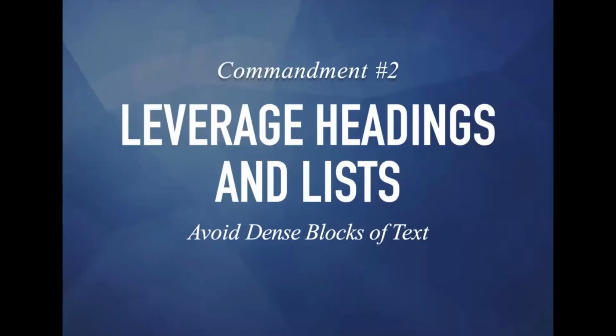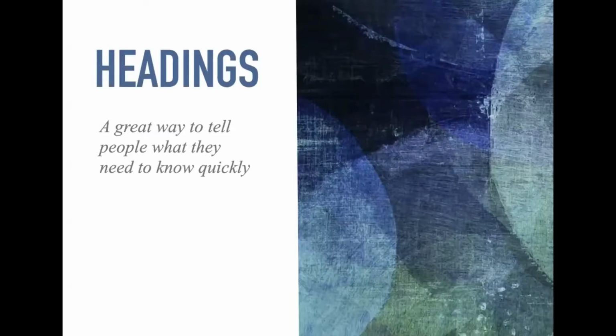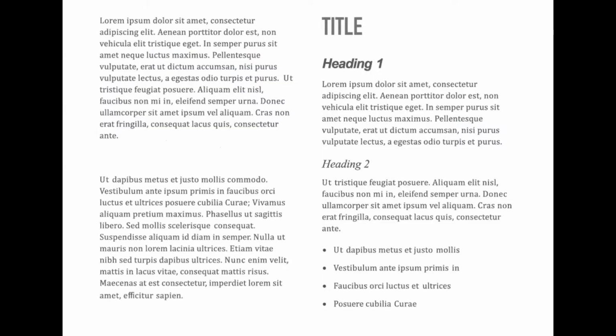We don't want to do that to you, have long paragraphs that are not easy to navigate. Yeah, so it's a great way to tell people what they need to know quickly, right? Title, and there we go.